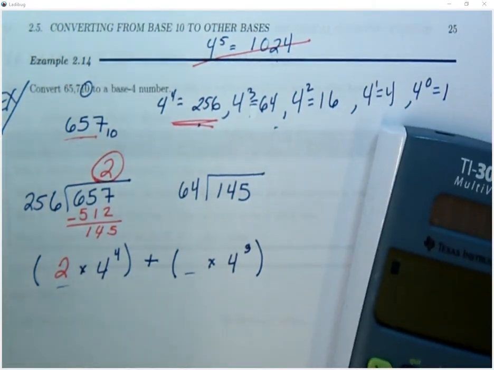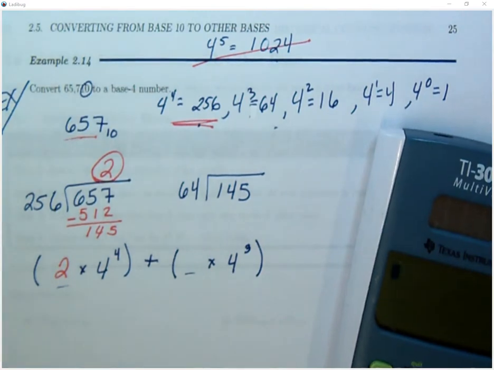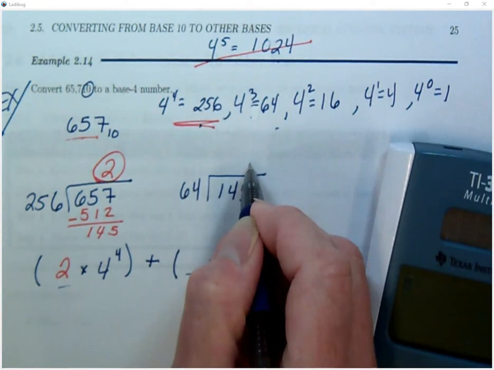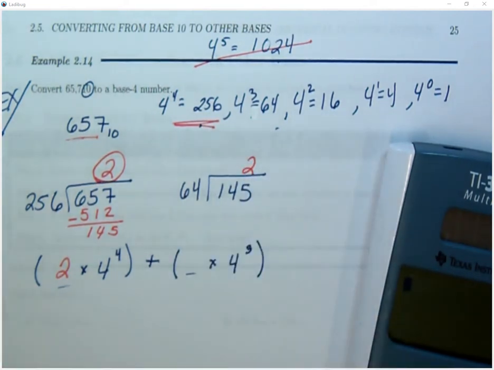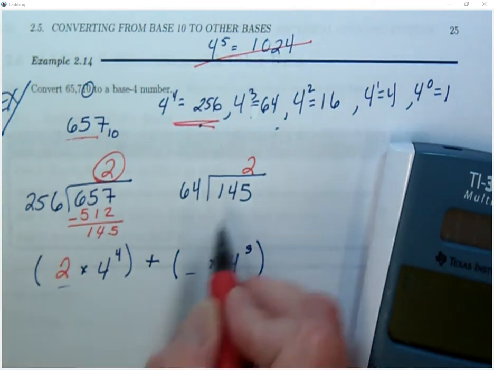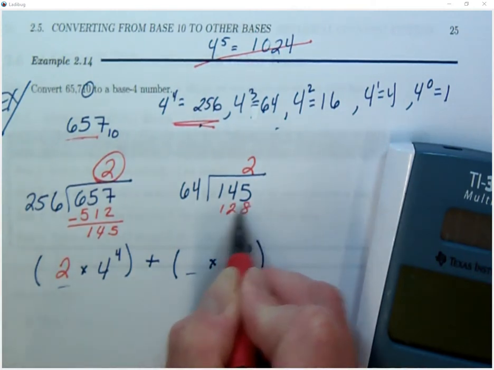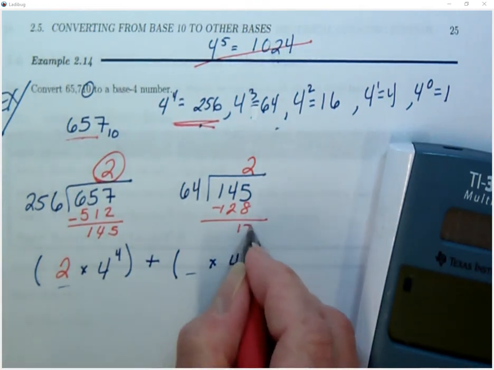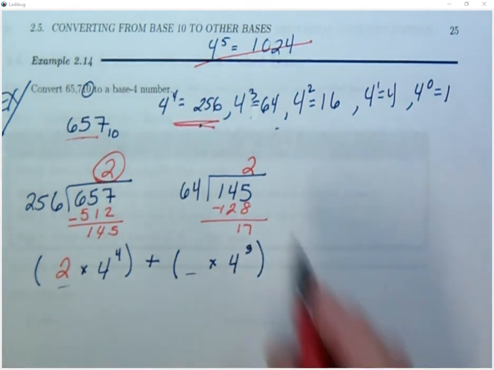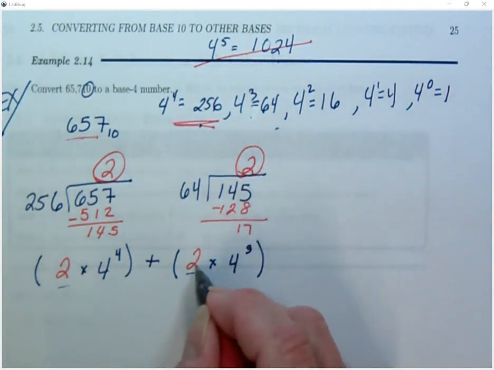So again, I'm just going to divide it out, and I would get 2 groups right here. And the 2 times 64, probably just do that one in your head too, but subtract the 128, and I get 17 as my remainder. So I know this needs to go here.